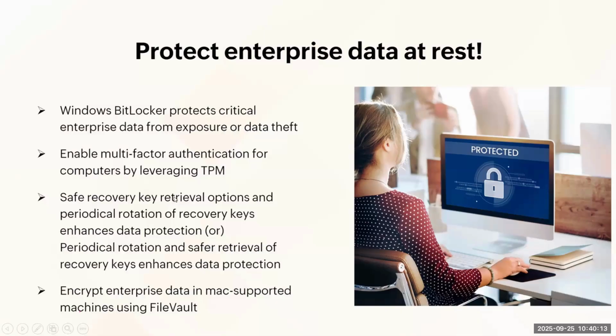Safe recovery key retrieval options and periodic rotation of recovery keys enhance data protection. And you can also encrypt enterprise data on Mac machines using FileVault. So EndpointCentral helps with Windows BitLocker and FileVault to protect your data at rest.